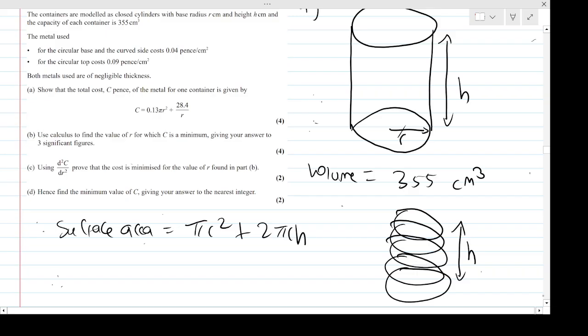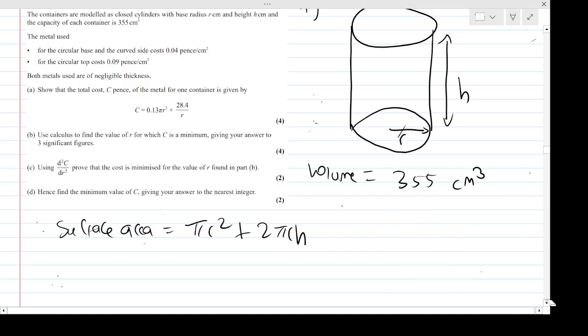Well, the circumference of one circle is 2 pi r. That's no coincidence here. We got 2 pi r, the circumference of one circle. So the total outside edges gives me the surface area. We then multiply by h, because that's how high up we are. So the curved bit is just all the circumferences of all the circles added together. So it's 2 pi rh. But either way, you do need to remember it, unfortunately.